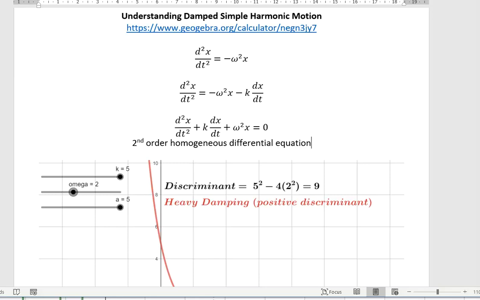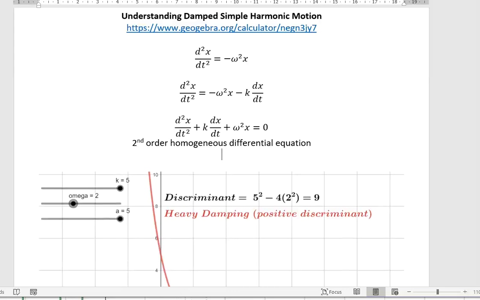So we can solve it in the usual way. We would use the auxiliary equation to determine the roots of this equation, and just as importantly, to determine the nature of the roots. Perhaps we've got two distinct real solutions. Well, in that case, we would expect to see the discriminant being positive.